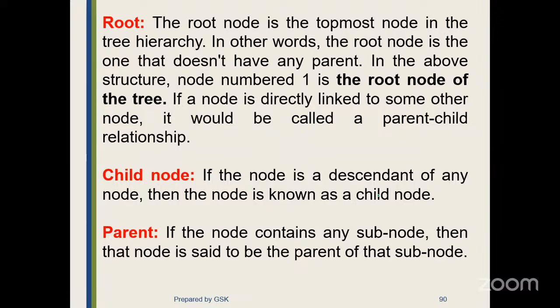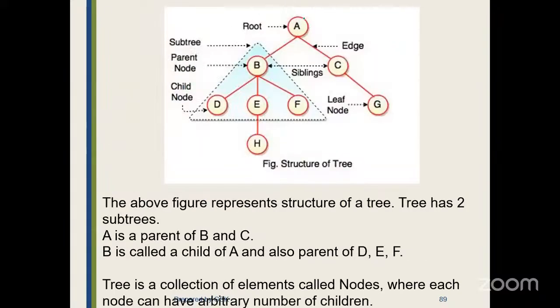Now see, the root node is the topmost node, as we have seen just now. The root node is the topmost node in the tree hierarchy. In other words, the root node is the one that doesn't have any parent. Suppose C node has a parent.